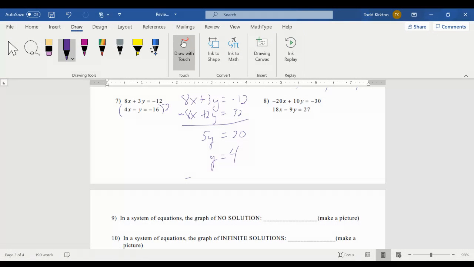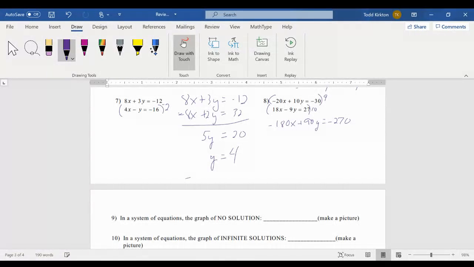Okay, so this one, the x's and y's are on the same side. Again, I'm going to use elimination. This one's a little bit nasty. I'm going to get rid of the y here, I think, because I don't have to multiply by quite as much. So I'm going to multiply this equation by 10 and this one by 9. So if I multiply the top one by 9, I get -180x plus 90y equals -270.